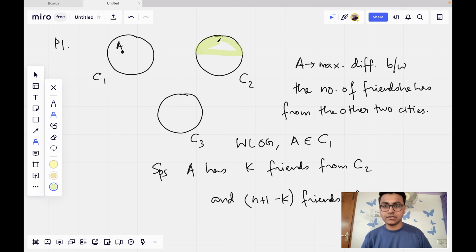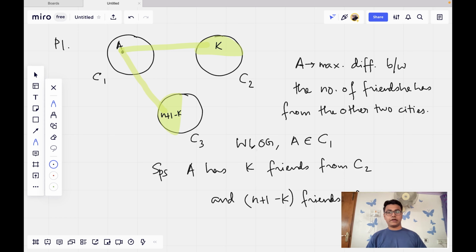Say these are the k friends of A. These are the n plus 1 minus k friends of A from C3.